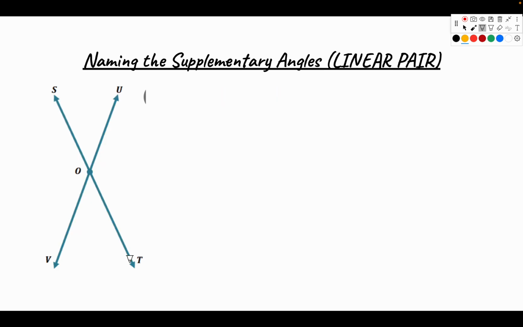Naming the supplementary angles, linear pair. There are 4 sets when we have two lines that intersect. If I label these as 1, 2, 3, and 4, I'm not going to highlight all of them, but you should notice that angle 1 and 2, those two angles are supplementary. Those two angles would be labeled SOU and UOT.